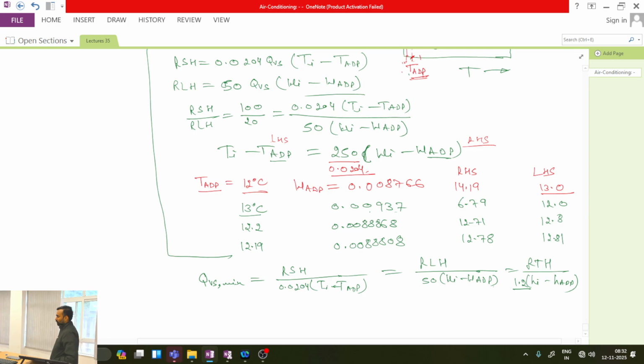Is this point clear? 1.2 should also come here, because when I write the total load, density will also be multiplied. Is this point clear? Are all clear with this or not? Okay, so tell me, what is the value of Q minimum from here? Please calculate.